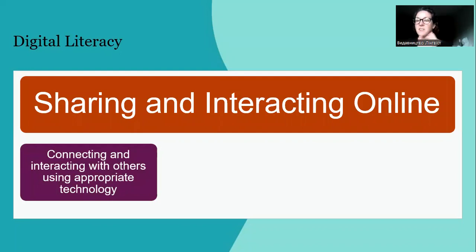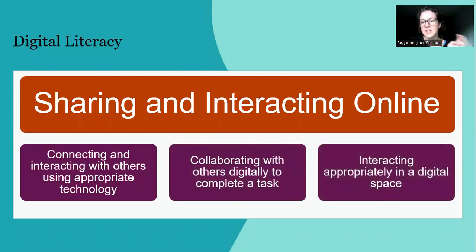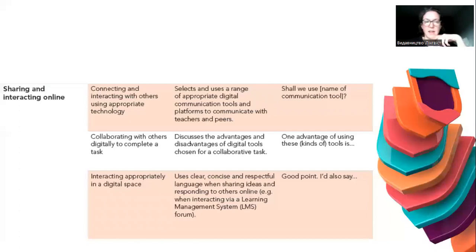Sharing and interacting online consists of connecting and interacting with others using appropriate technology, collaborating with others digitally to complete a task, and interacting appropriately in a digital space. These are three different components within sharing and interacting online.